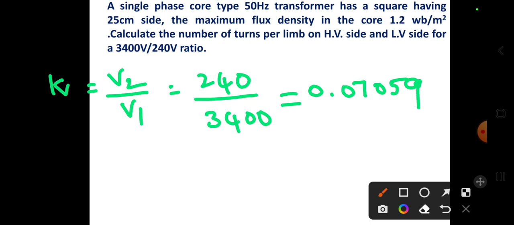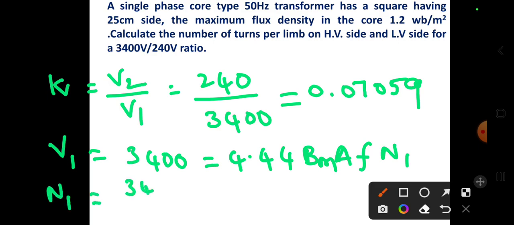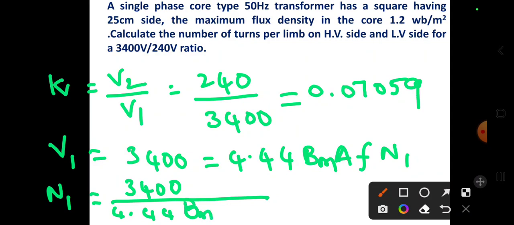Yes, you can write the value of V1 as V1 is equal to 3400 is equal to 4.44 phi m. Phi m in the sense Bm into A, into f into N1. Therefore, N1 is equal to 3400 divided by 4.44 Bm A f.